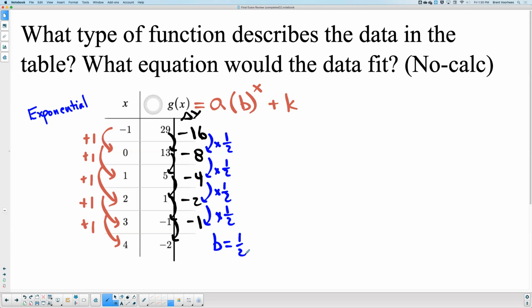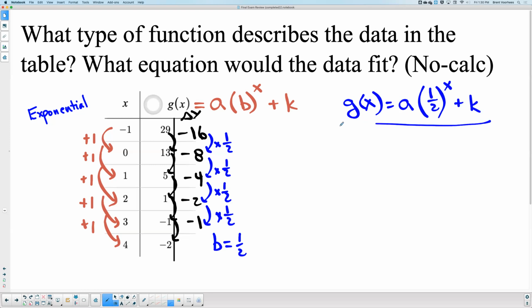We're going to plug in 2 points to solve. So I'm going to take my equation, and we're going to say g of x equals, do we know A yet? We don't know A. Do we know our B? What's our B? 1/2 to the power of x plus k. We're going to plug in 2 points to this and use them to solve.